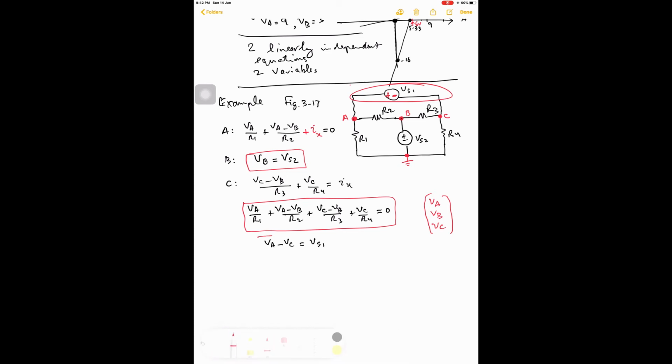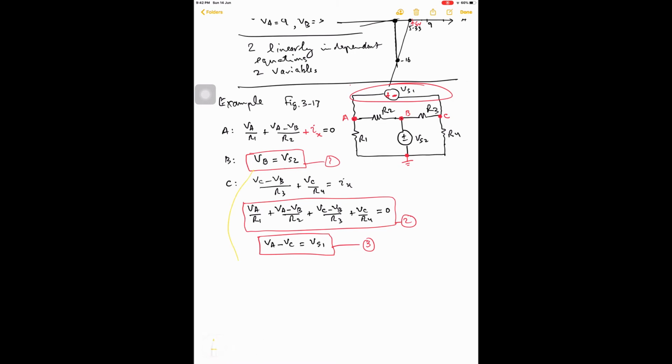Yes, we have got the third equation now. So this is equation 1, this is equation 2, this is equation 3. We have three variables and three equations. Therefore, we can solve these three equations easily.